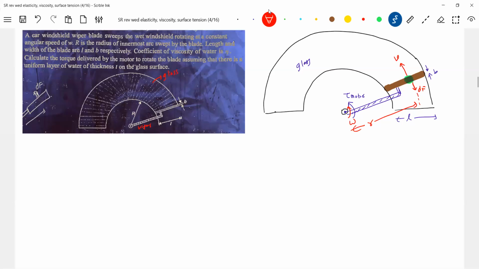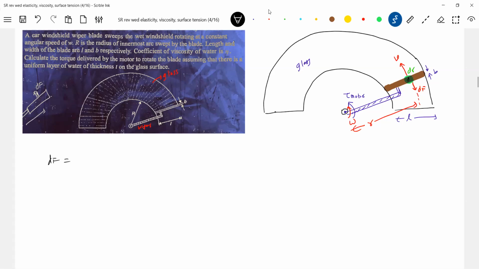dF. Let's first calculate this dF. The length of this element, let it be dr. So what is dF equal to?